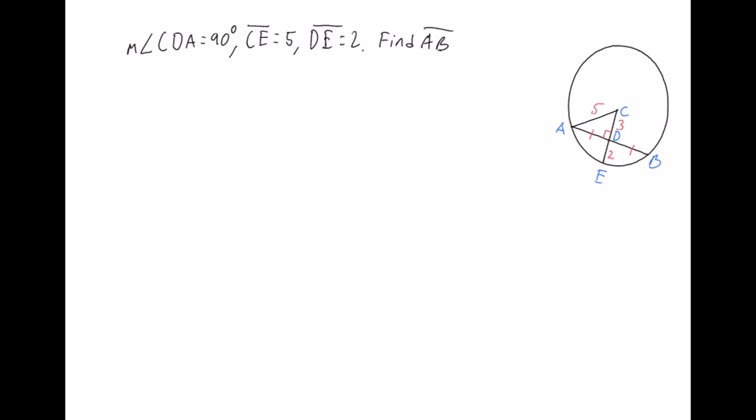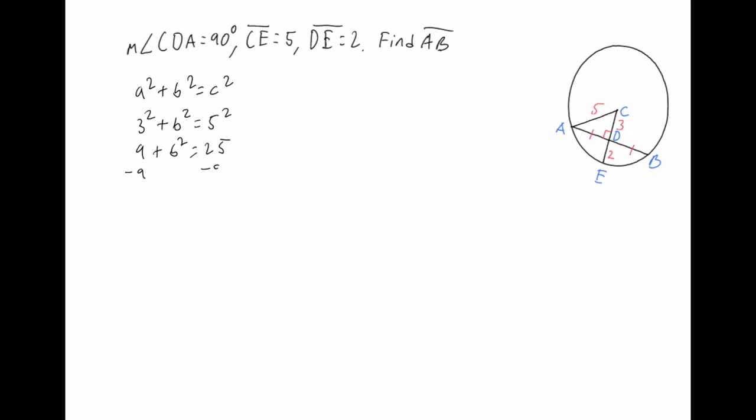So we can use the Pythagorean theorem. A squared plus B squared equals C squared. So in this case, 3 squared plus B squared equals 5 squared, or 9 plus B squared equals 25.